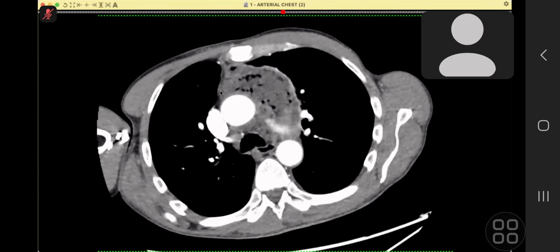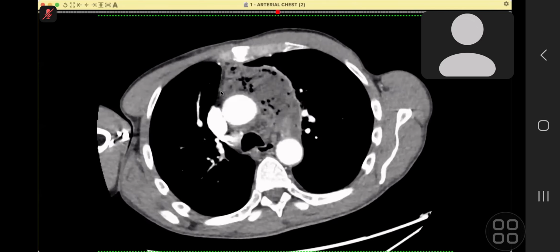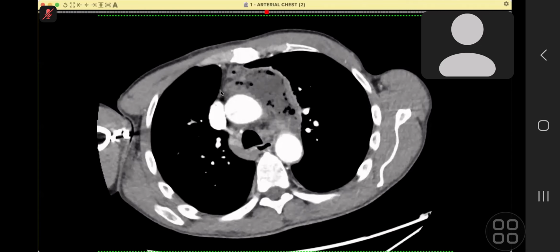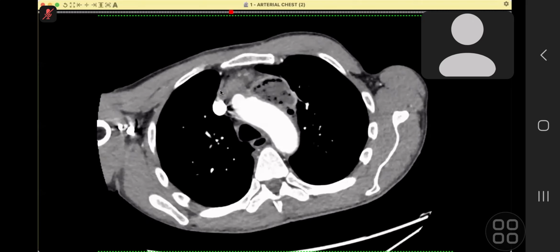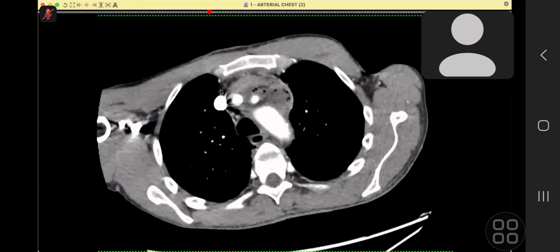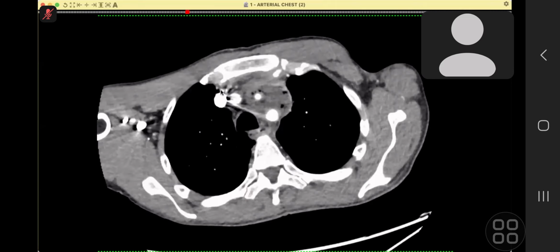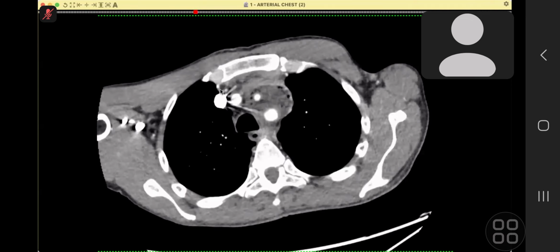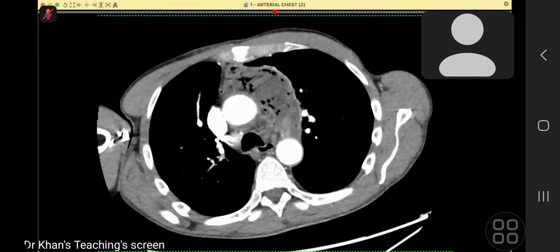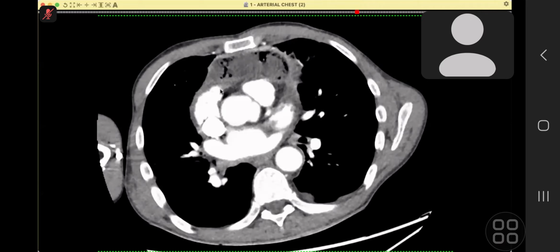But still I can see that there is evidence of collection along with air foci within the mediastinum, suggesting possibility of mediastinitis in this case. And besides mediastinitis, I can also see that there is pericardial effusion and some collection in the left paravertebral region in the lower sections.